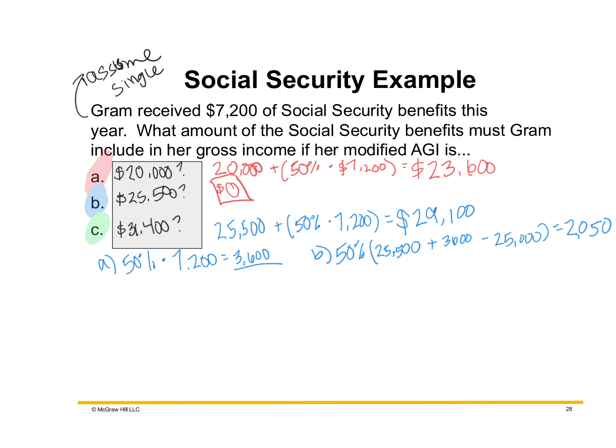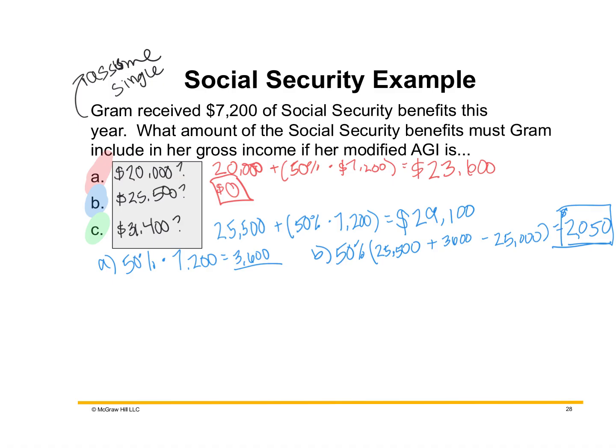Now if we look at which option is the lower amount, it is option B. So our taxable Social Security benefits are $2,050. Throw a little dollar sign in there.